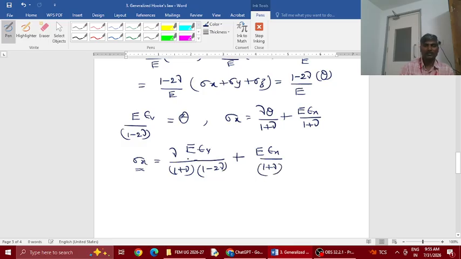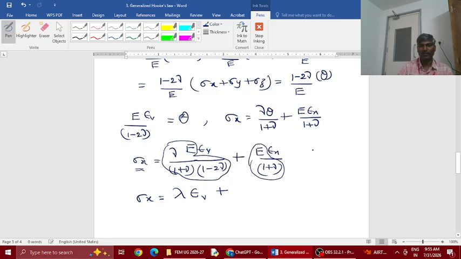Now you can still simplify this by standard notation. We call this expression lambda into epsilon v, plus we get this expression reduced from the shear modulus, where shear modulus says, I'll write it here itself, E is equal to 2G into 1 plus nu.